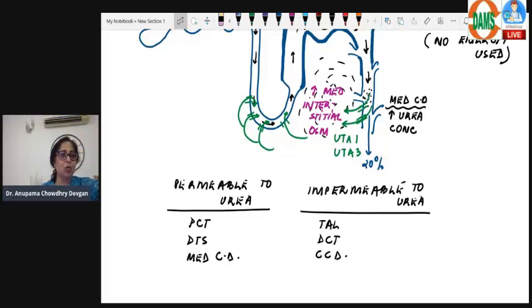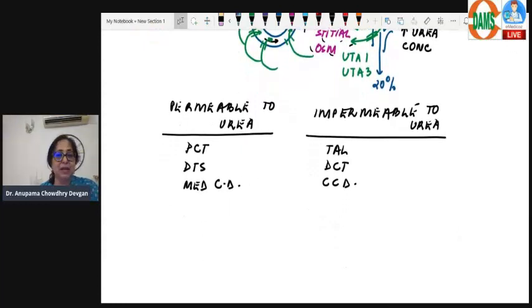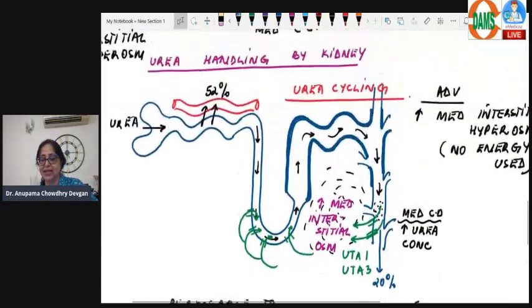It cannot go from lower to higher concentration, even if urea transporters are present. Urea transporters are examples of passive transport. So this is as far as which ones are permeable to urea is concerned. Impermeable to urea: thick ascending limb, DCT, and cortical collecting duct.